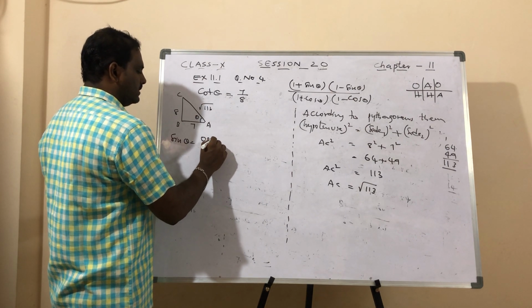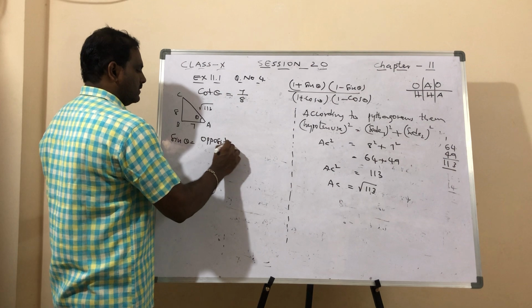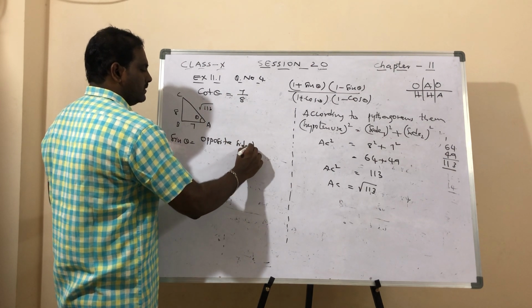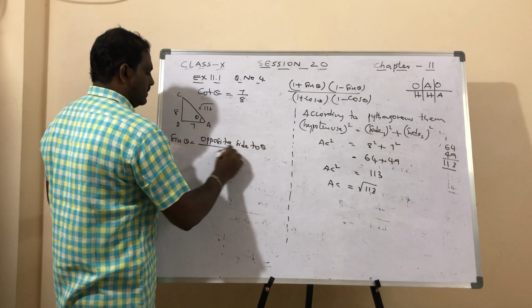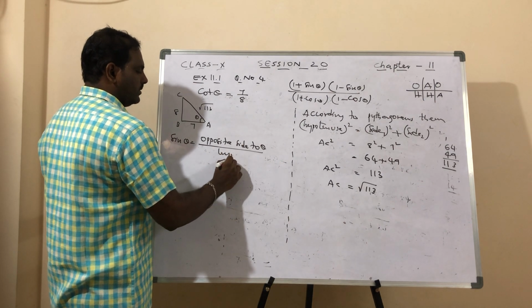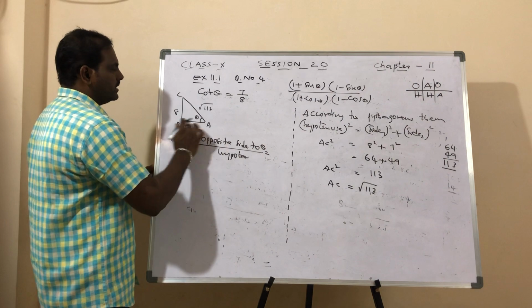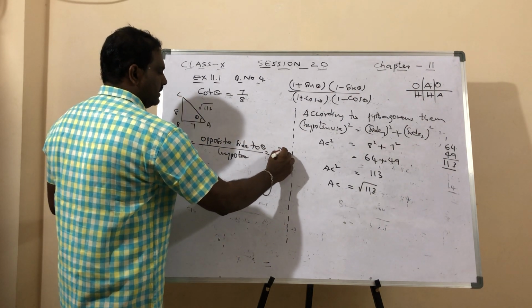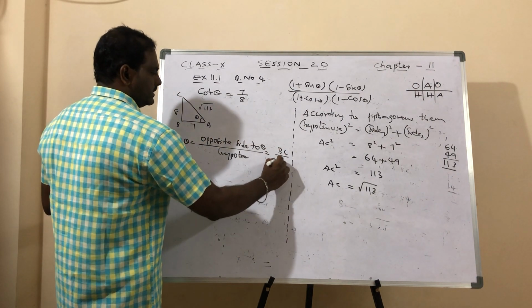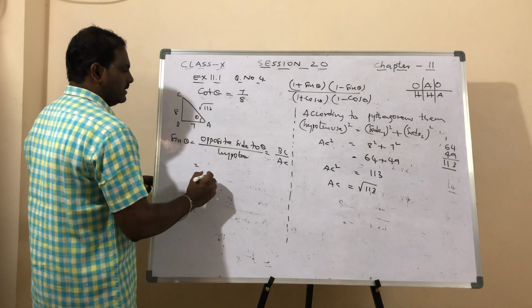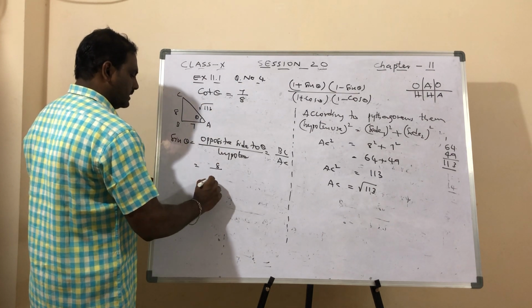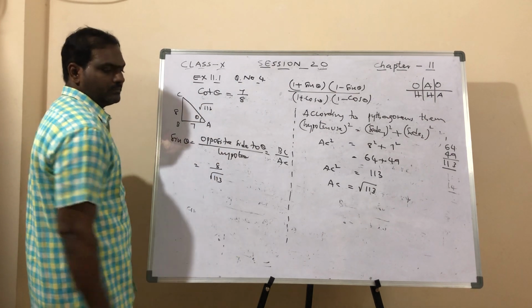Opposite side to theta by hypotenuse. What is the opposite side to theta? BC by AC. What is the answer? It is 8 by square root of 113.